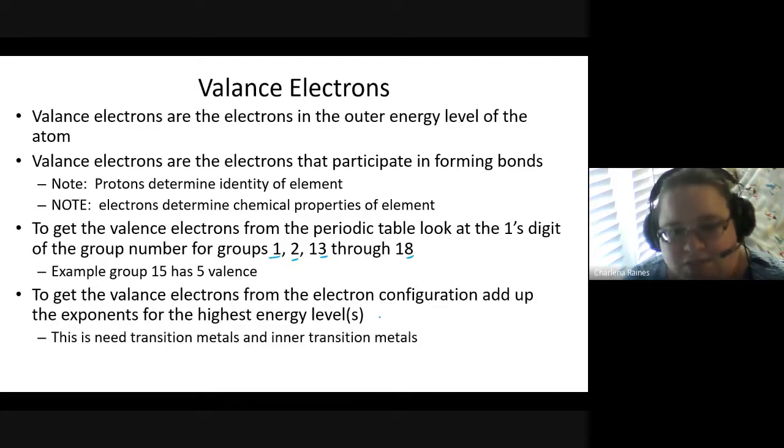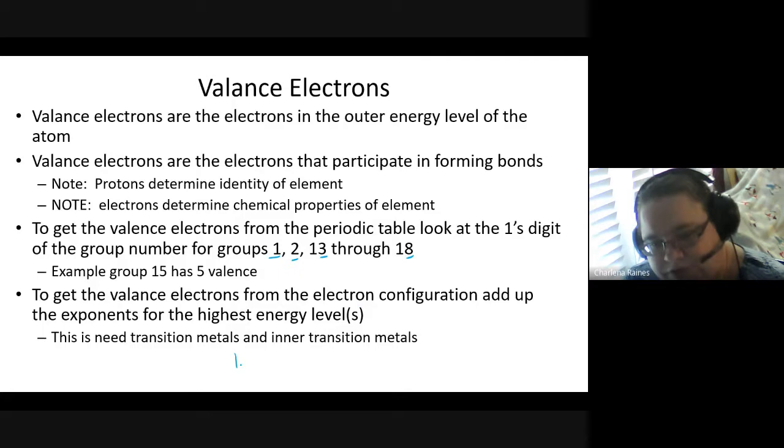So, an easy way to do it with my electron configurations is to add up the electrons that are in that highest energy level. So I'm going to write an electron configuration fairly quickly.